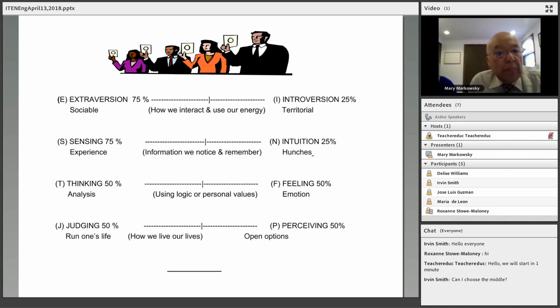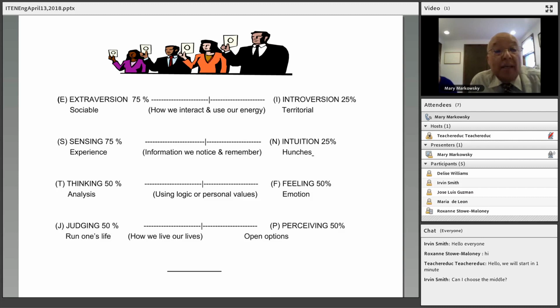The sensing people work with their experience. They usually bring the past into the present. They like specific directions, and they work with real things. The intuitives like hunches. They like possibilities. They use the imagination, and they enjoy theory and speculation.